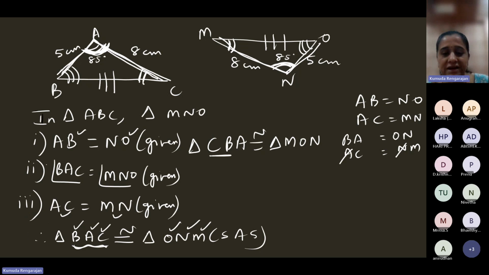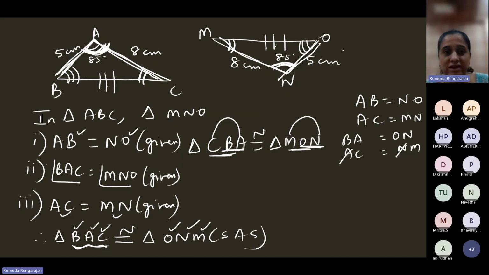Then side BA is equal to ON, that we already knew, meaning that was already given to us. And then CA is equal to MN, also given to us. So what is new? BC is equal to MO, we didn't know. So now that they are congruent, BC is equal to MO.